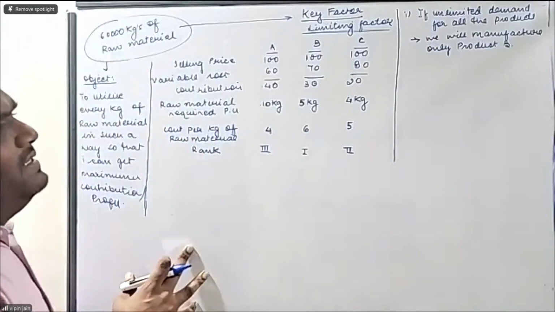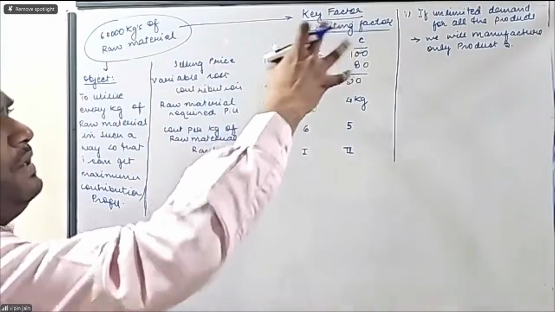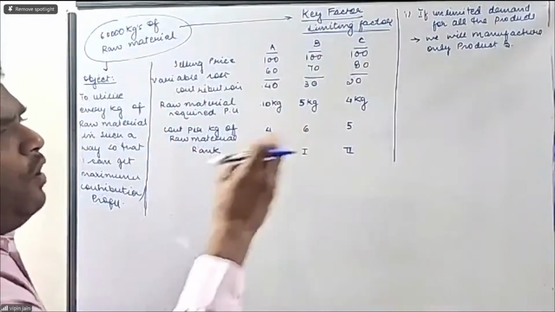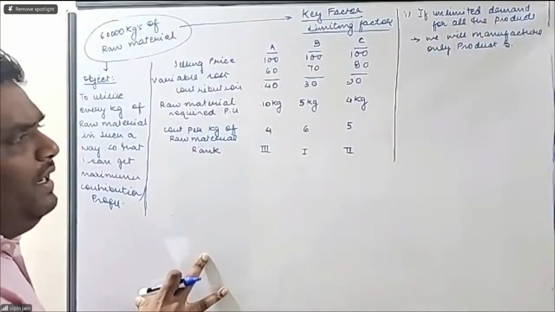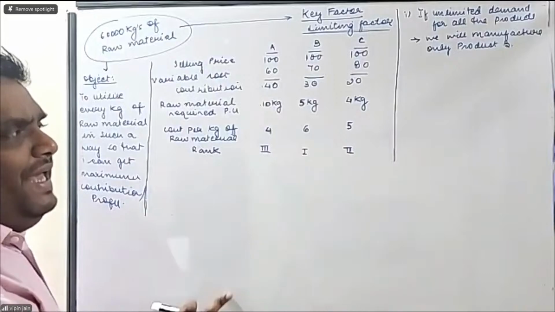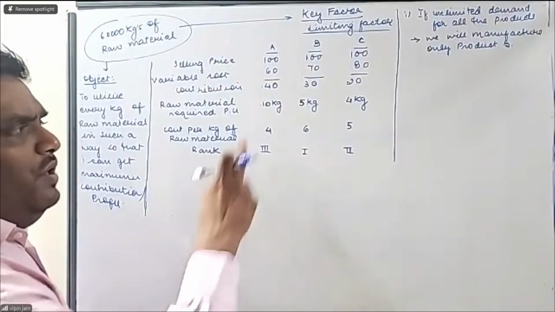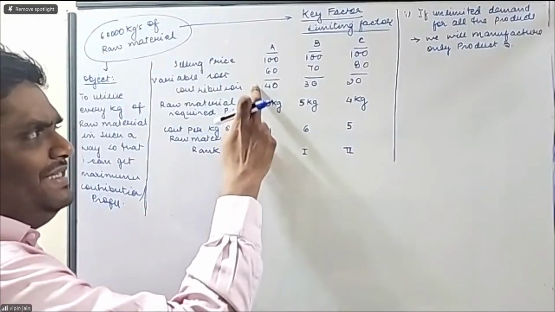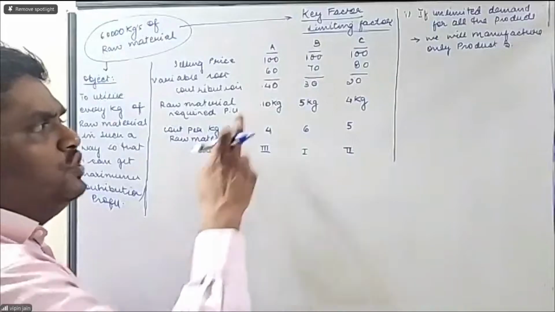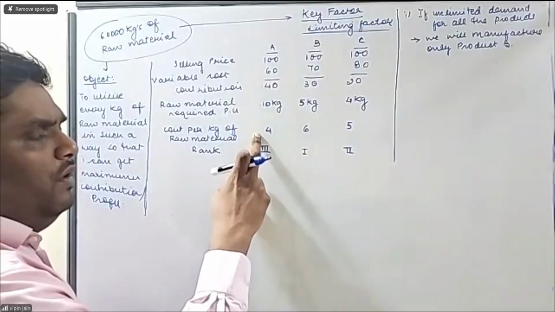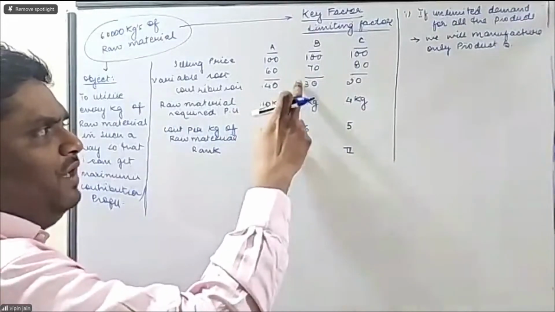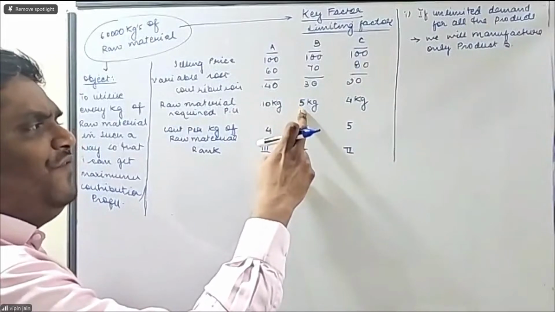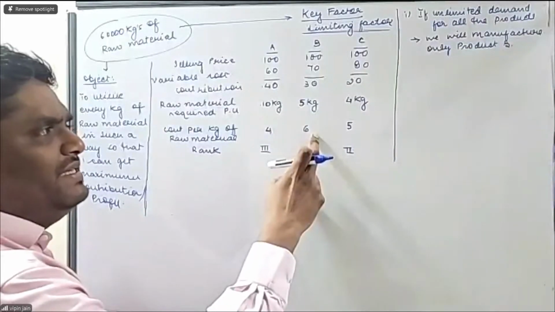I repeat again, guys. Since herein raw material is my key factor, my object will be to utilize raw material in such a way so that I can get the maximum profit. So herein, after utilizing 10 kgs, how much am I getting? 40. So per kg I am getting 4. Herein, 30 I am getting after utilizing 5 kgs. So per kg I am getting 6.